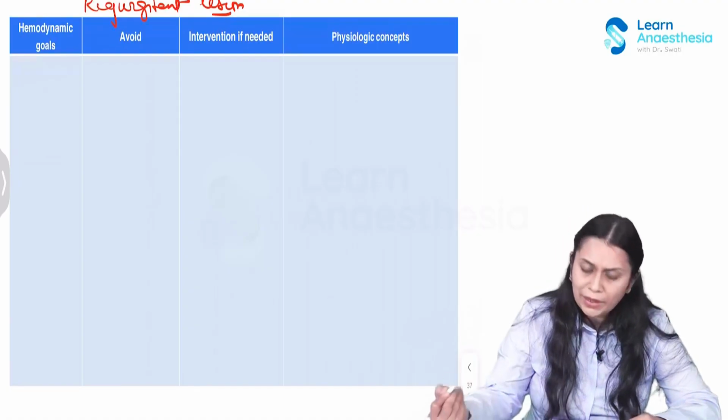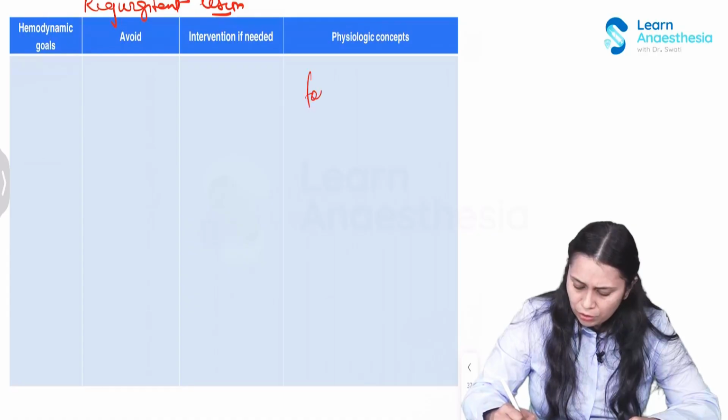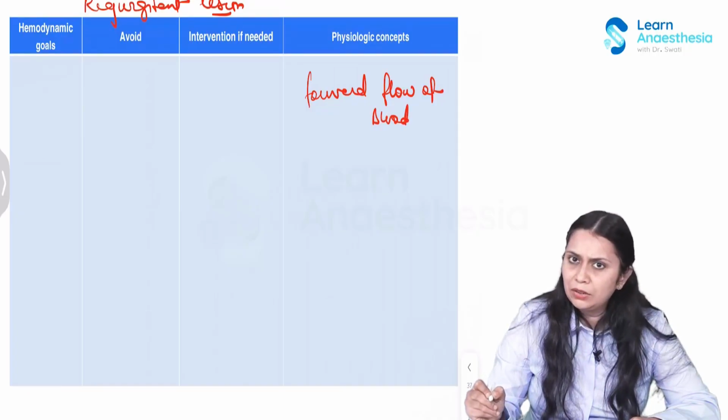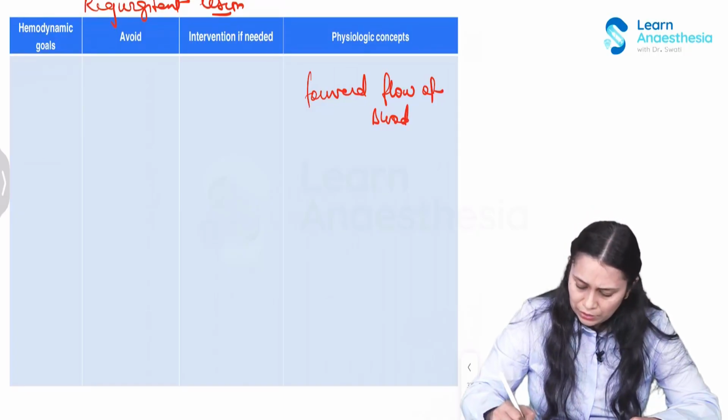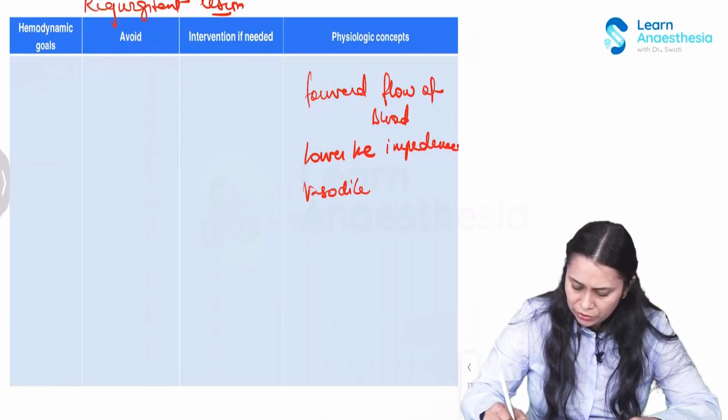Why? Because we have to maintain the forward flow of blood. So impedance to the blood should be decreased. Lower the impedance forward. So vasodilatation will help.